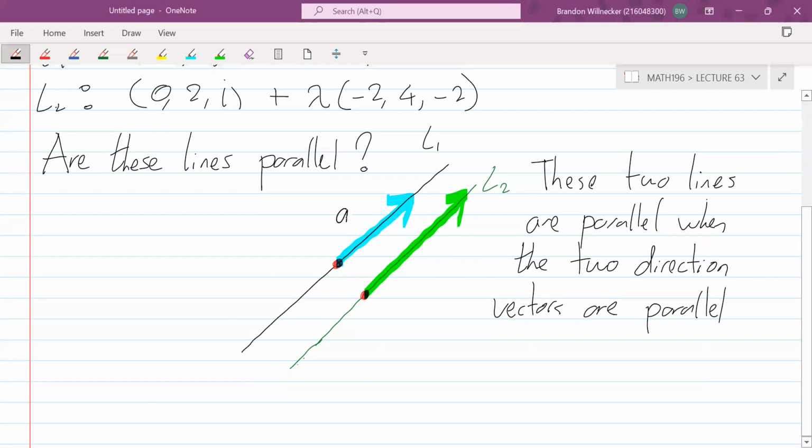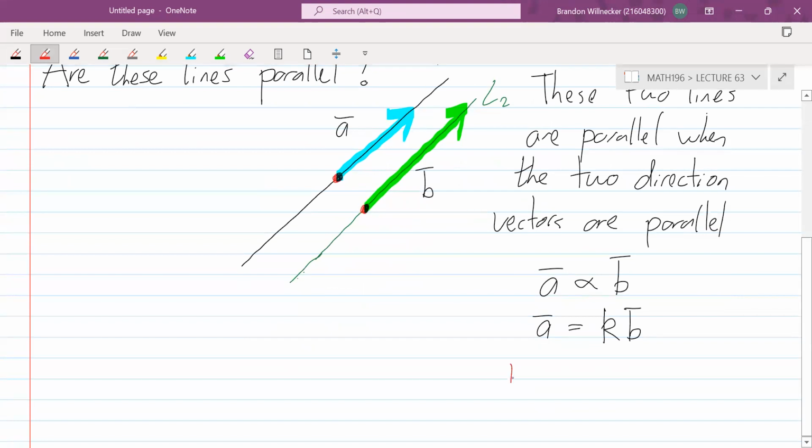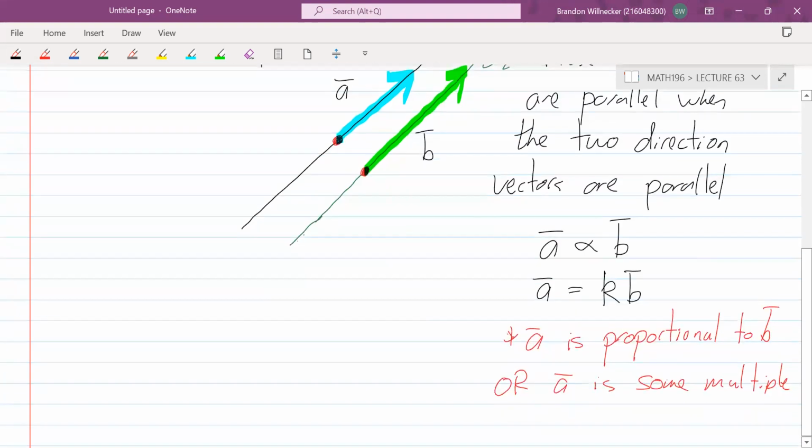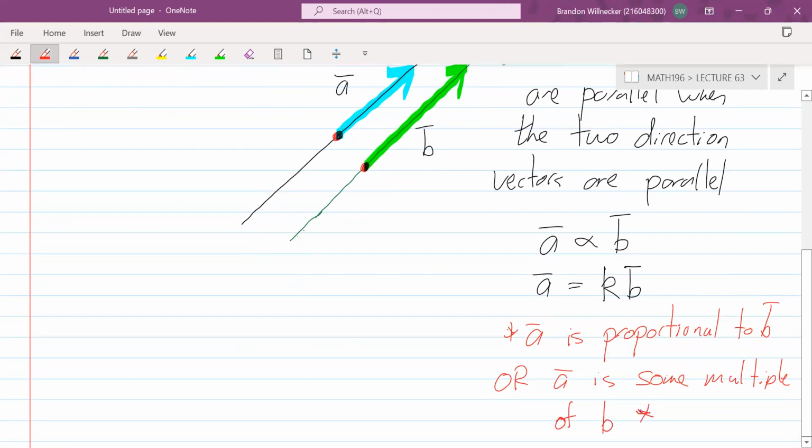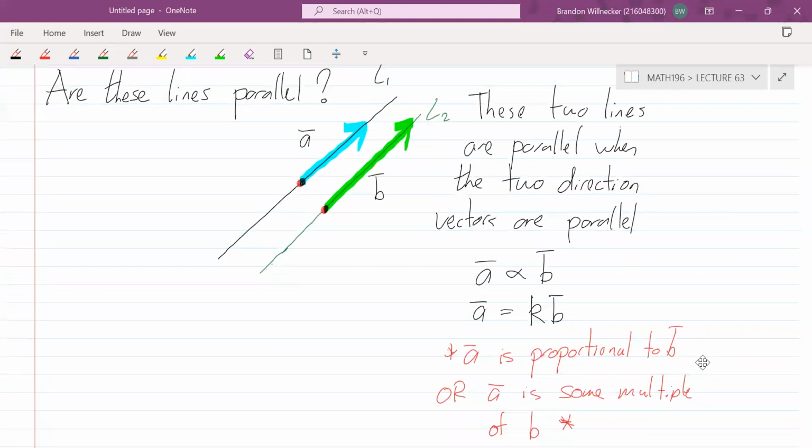So if we call this one A and this one B, we know that A must be proportional to B. In other words, A is some multiple, let's call it k, of the B vector. That's what we mean by two vectors being parallel to each other.